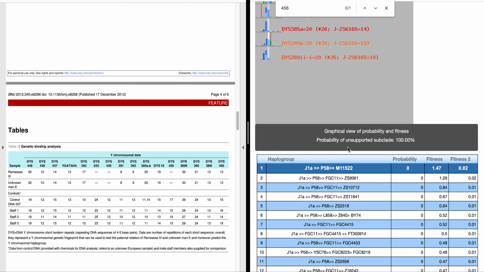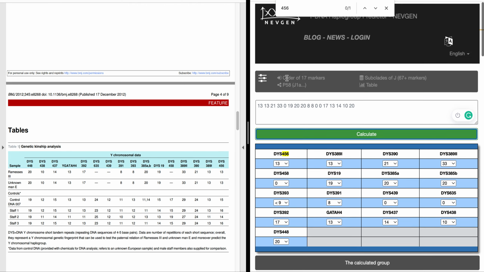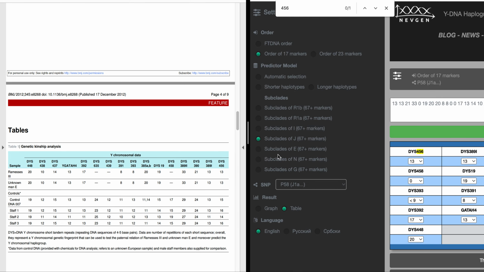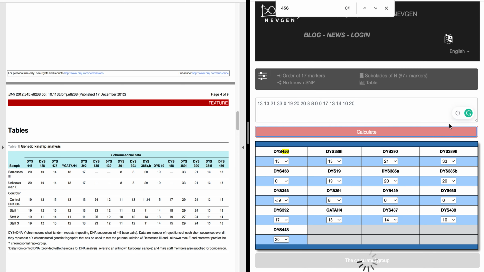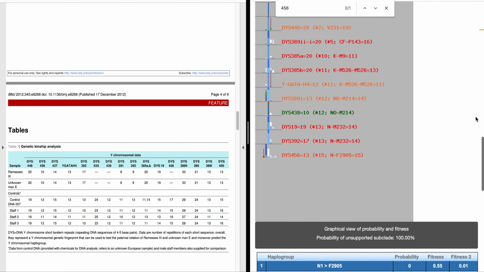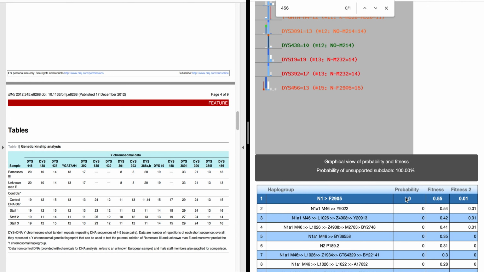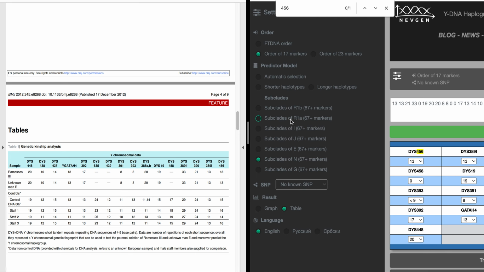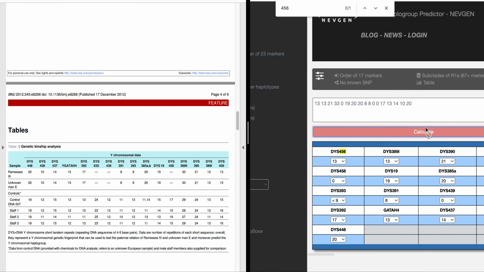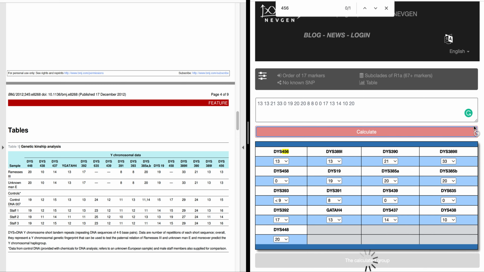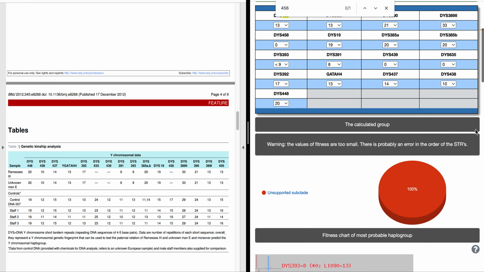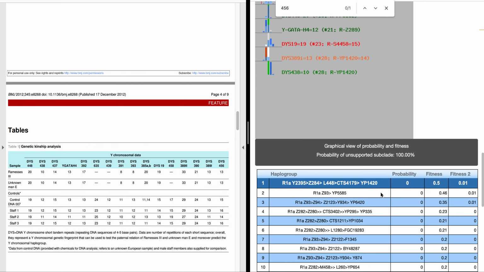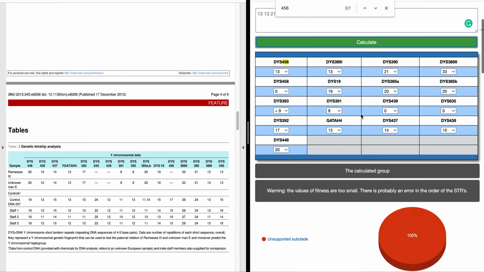So still probability of 0. Alright, do N. Zero. R1a. Zero.